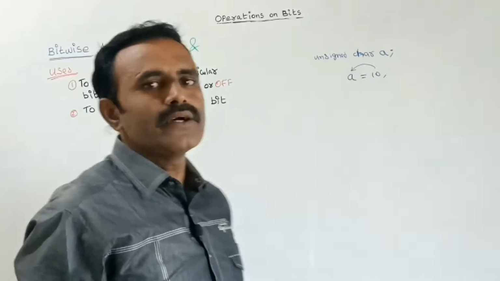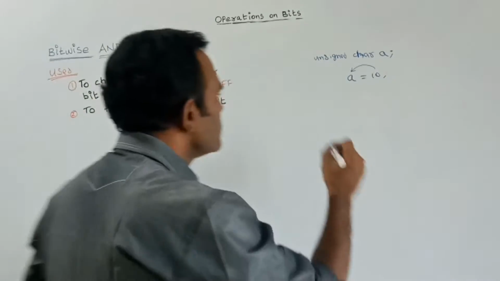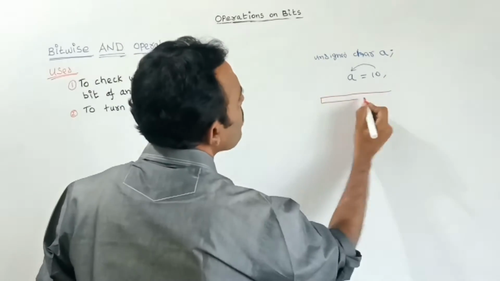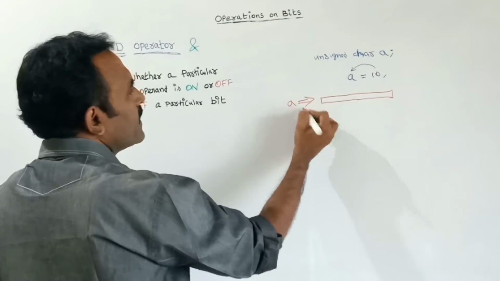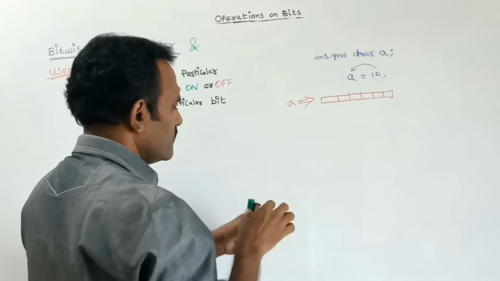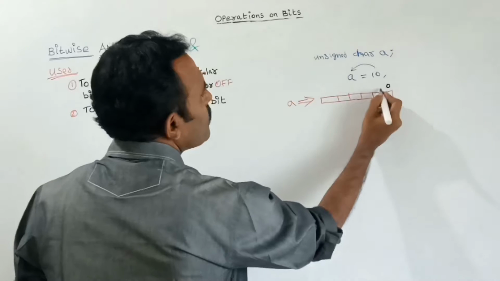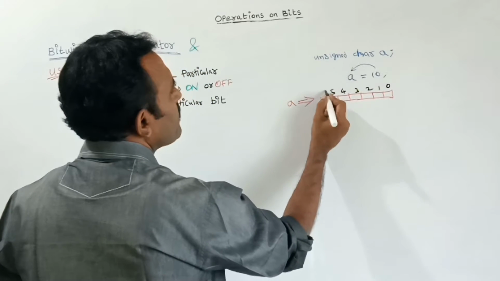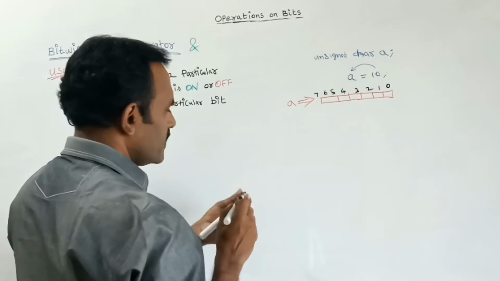That is 1 byte, and 1 byte means 8 bits. For variable A, the bit locations start from 0, 1, 2, 3, 4, 5, 6 and 7. Totally 8 bits.